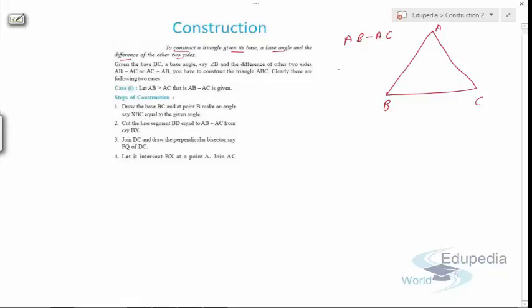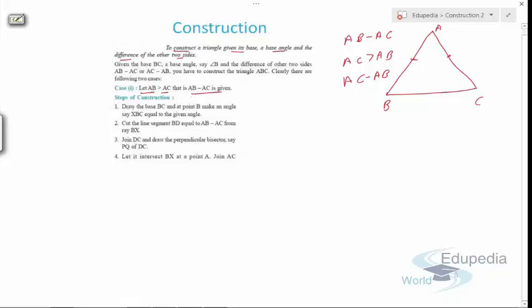Next we'll discuss the case when AC is greater than AB, or AC minus AB is given. So these are the two different cases. You have to watch this part of the video very carefully. Let's discuss the first case, when AB is greater than AC, that is, AB minus AC is given.